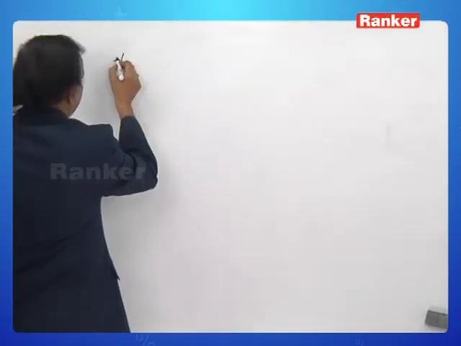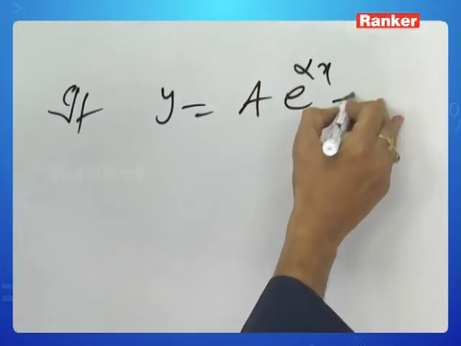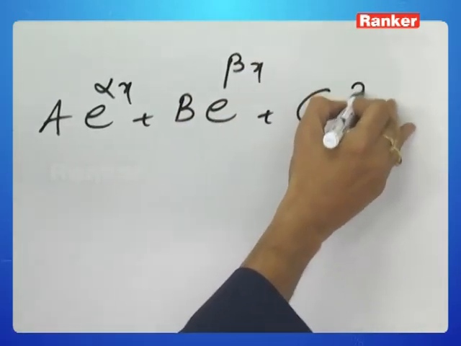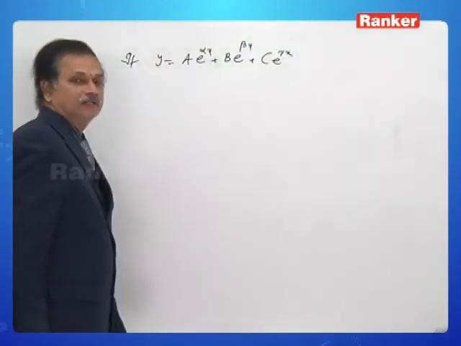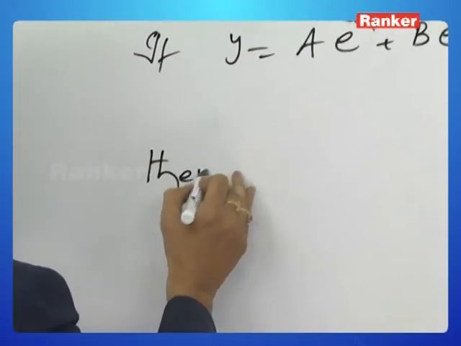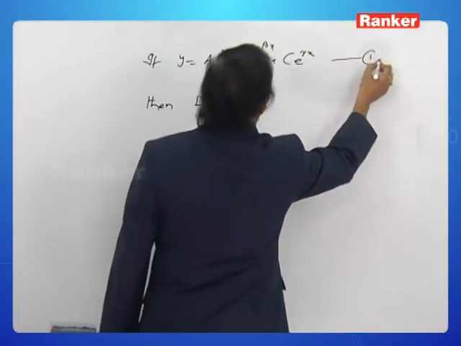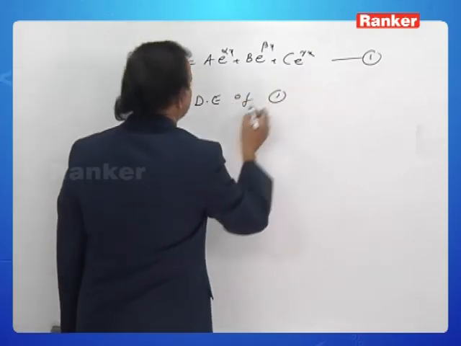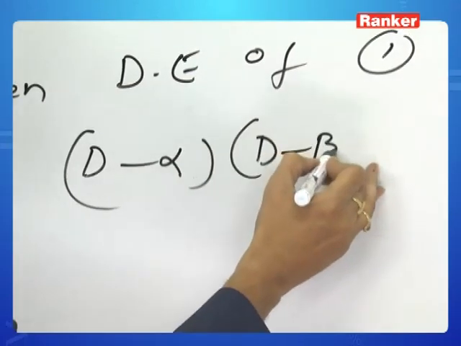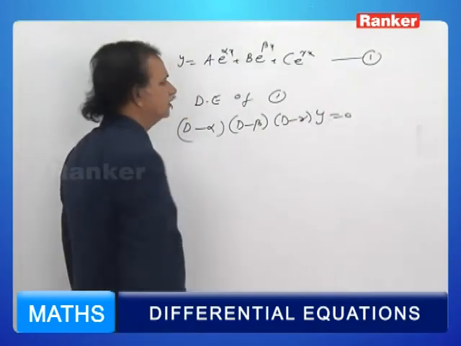If y is equal to a into e power alpha x plus b into e power beta x plus c into e power gamma x, then the differential equation whose solution is the given equation is d minus alpha into d minus beta into d minus gamma of y is equal to 0.